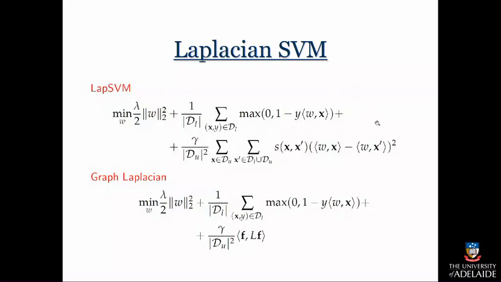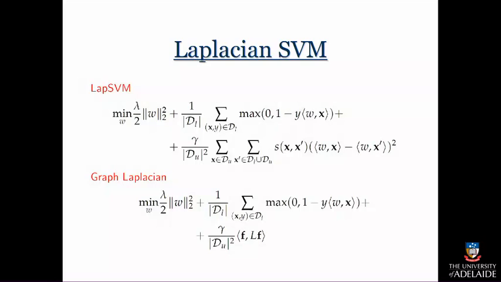Let's check this objective function. The first term, of course, is the regularization. Let's check the second term. Here, L means the labeled data set. This is the hinge loss on the labeled data.